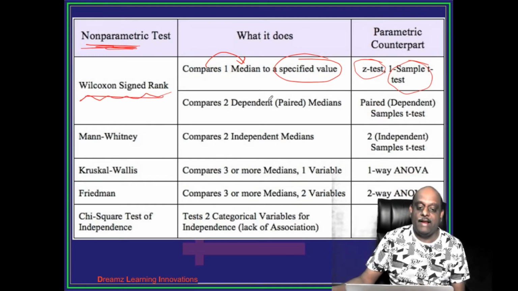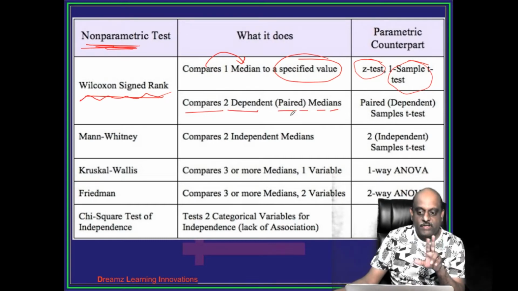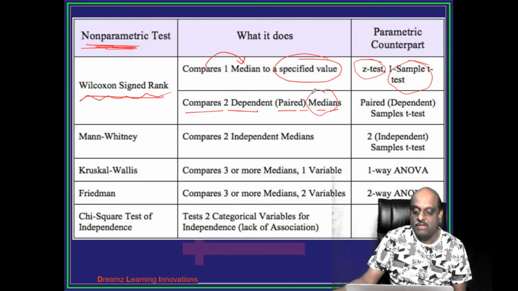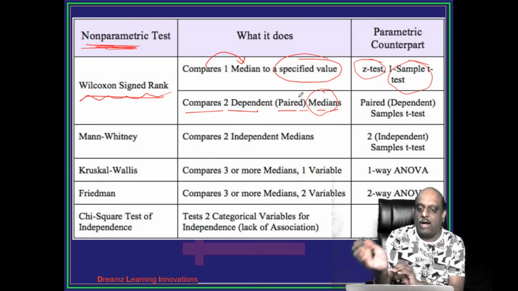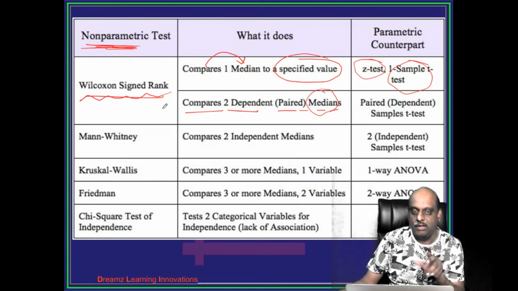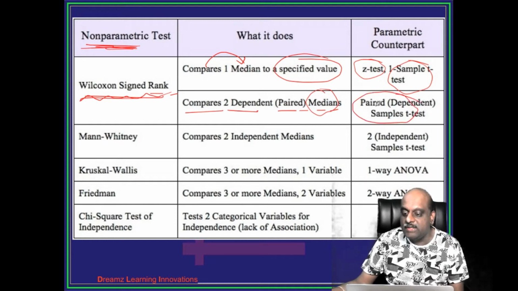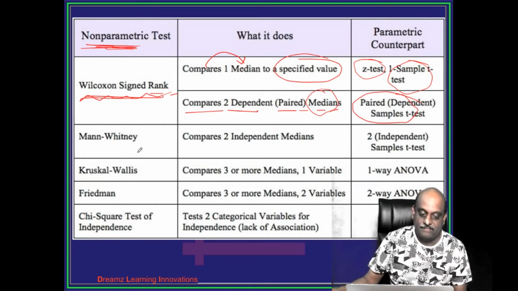Wilcoxon signed rank test can compare 2 dependent, that is paired, medians, the median value before and after. If it is a skewed distribution, we use Wilcoxon signed rank. The counterpart is the paired t-test.